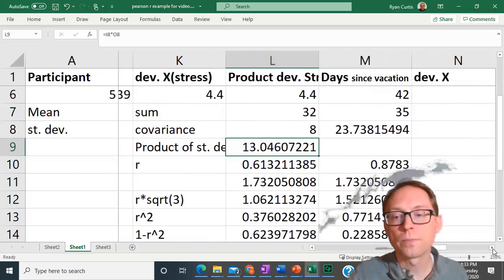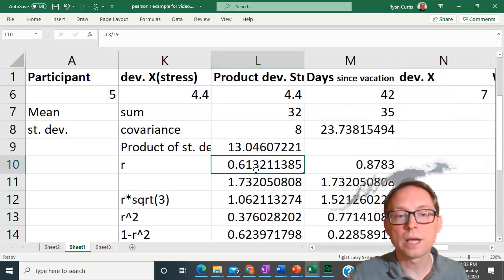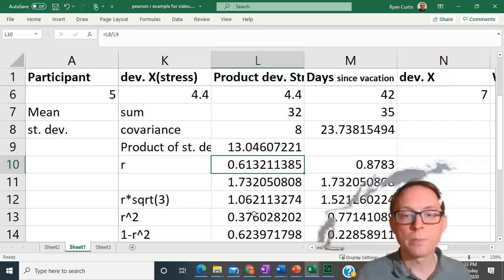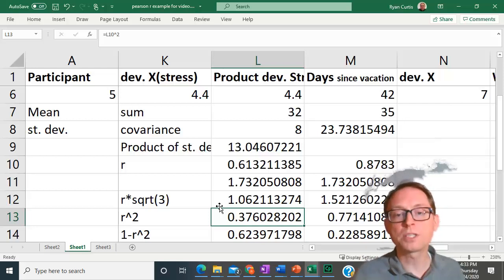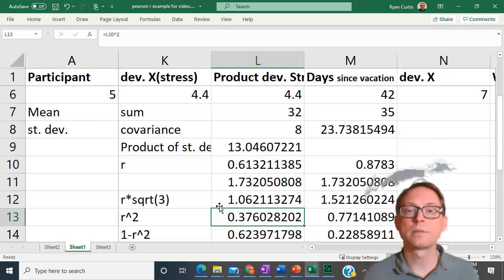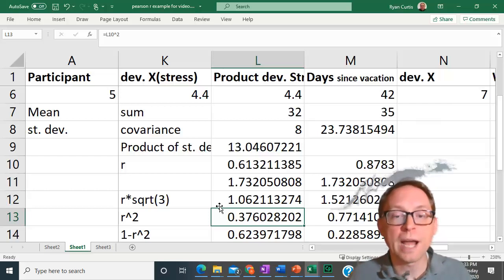As your weeks since your last vacation increases, so does your stress, right? So it goes up together. This R squared right here is the proportion of variance in stress that is accounted for by weeks without a vacation. Roughly what it's saying is about 38%, at least for this sample, of what changes your stress level can be accounted for by how long it's been since you had a vacation.